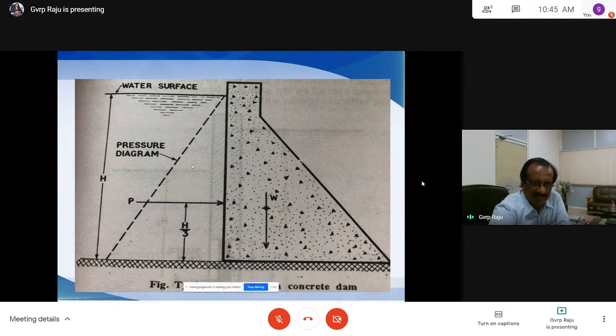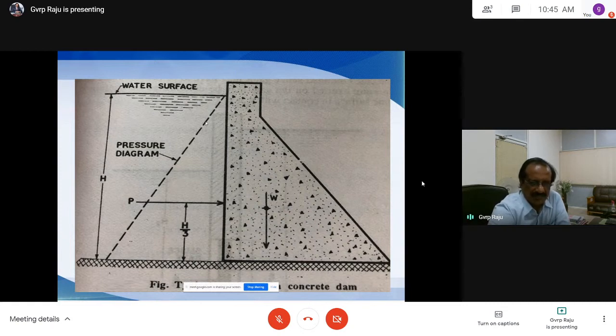Some of the students are giving 2/3 h. So 2/3 h is correct when he asks from the top of the water surface. From the top of the water surface, the pressure force is at 2/3 h, whereas from the bottom it is h by 3. In the earlier discussion also I have mentioned the pressure diagram.